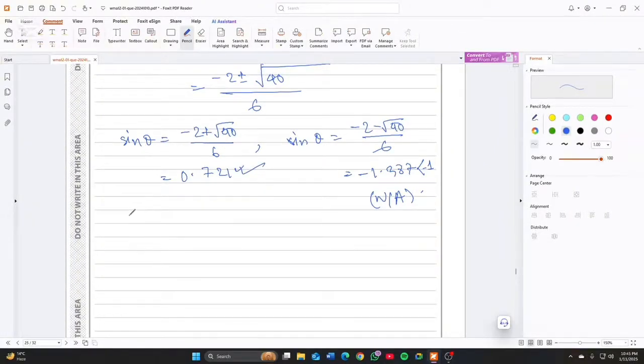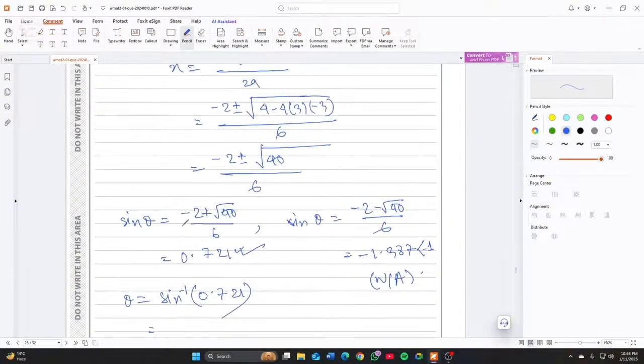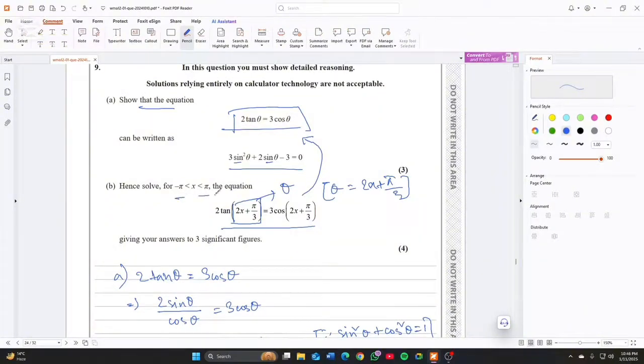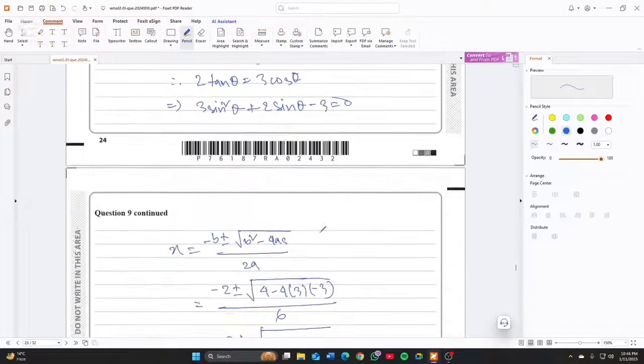So therefore, theta will be equal to sine inverse 0.721. We were asked to find it in the range from minus pi to pi, so that means we have to find the values in radians.